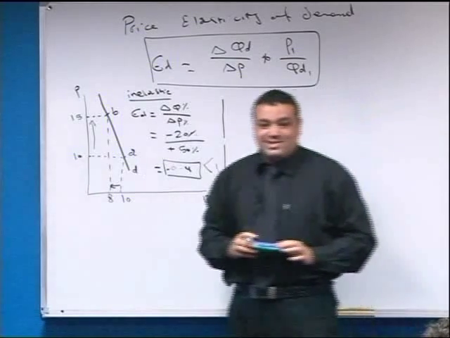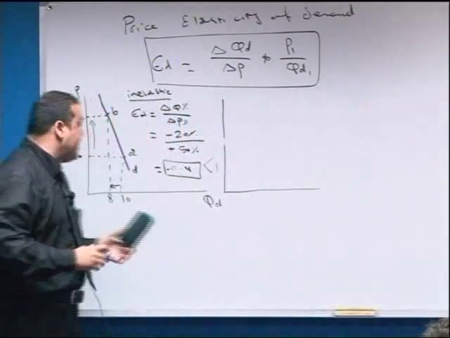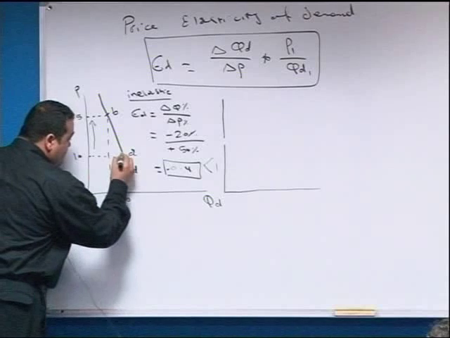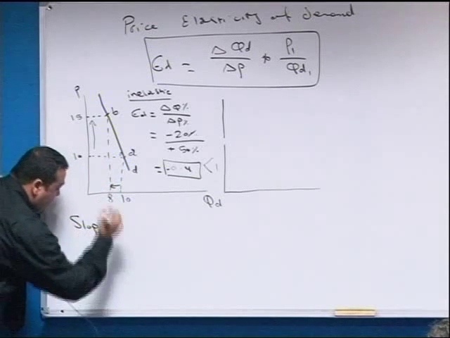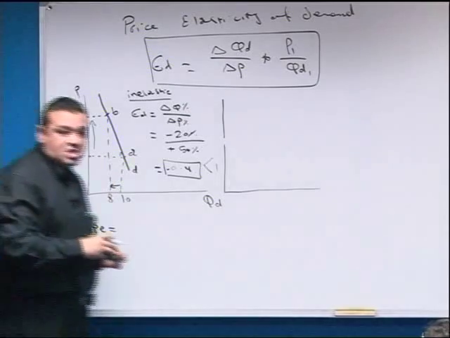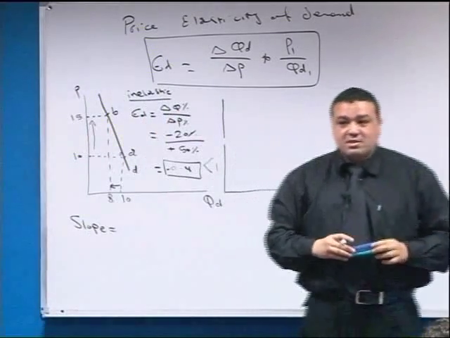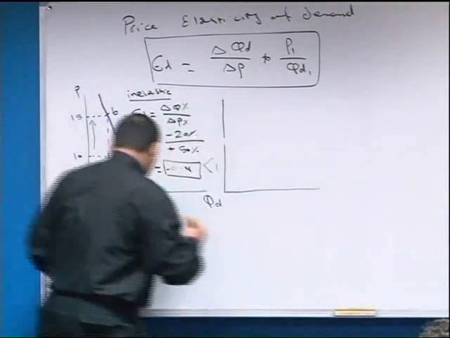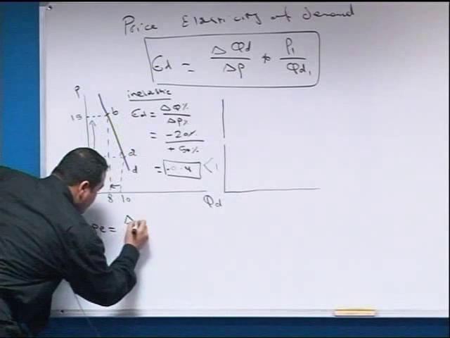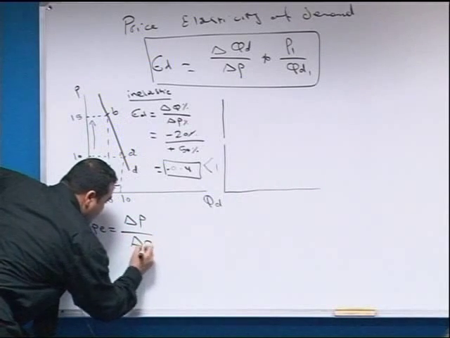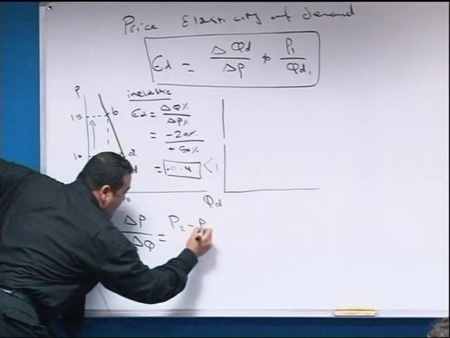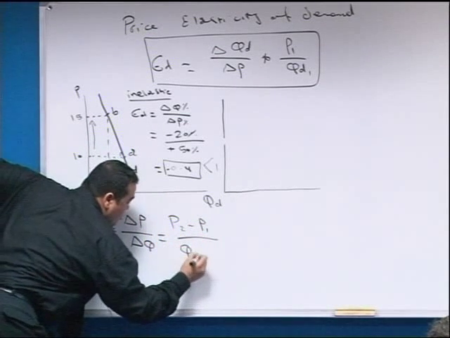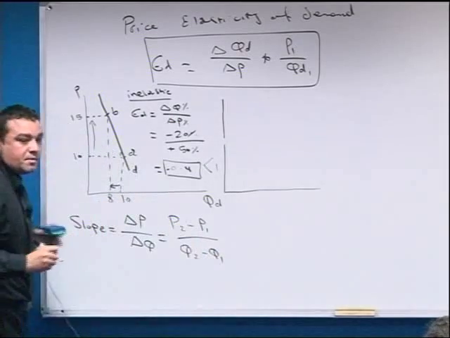Let's come back to the slope. The slope of the demand curve equals delta P, the change in the price, over delta Q, the change in the quantity demanded, equals P2 minus P1 over Q2 minus Q1, right?